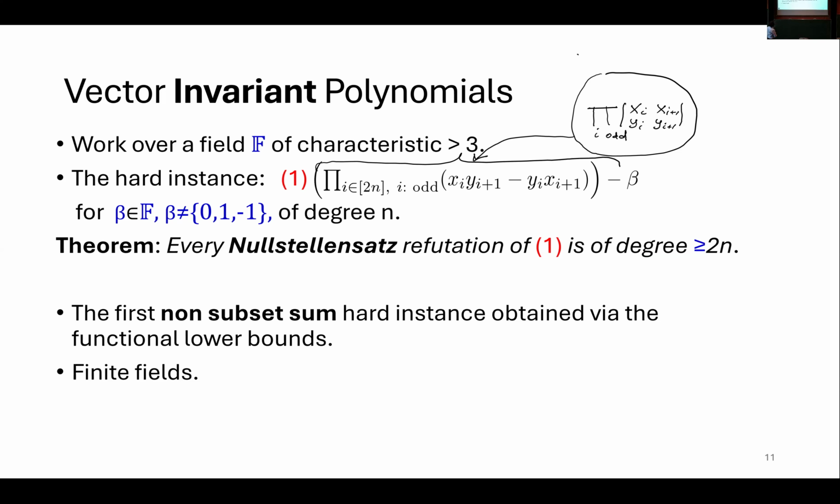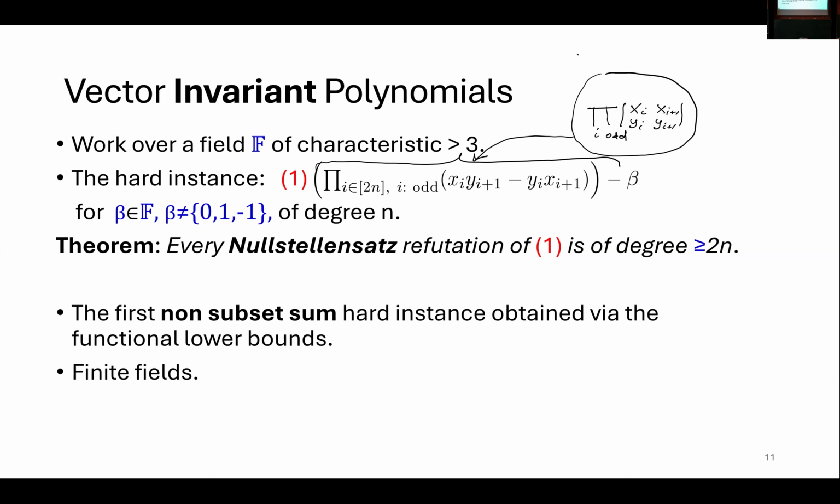So the hard instance is the following: basically a product of 2 by 2 matrices, and the product of the determinants of 2 by 2 matrices. This is of degree n, but every Nullstellensatz refutation of this is going to be of the full degree of 2n.